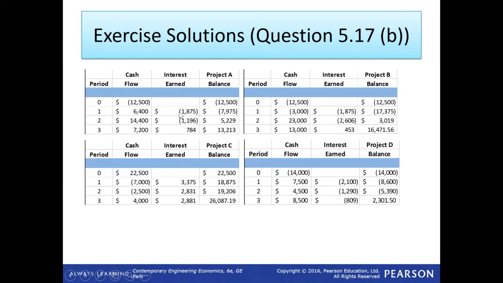I'm repeating, this is the same method as the discounted payback period, which we have already done before. How do we get this 1,875? This is from this number here, 15% of 12,500, right?